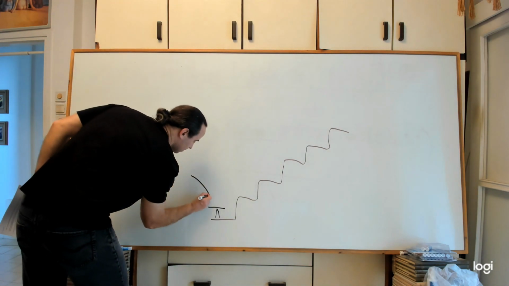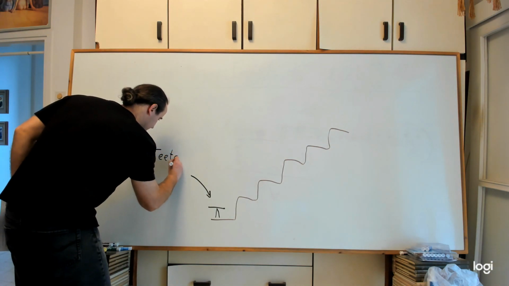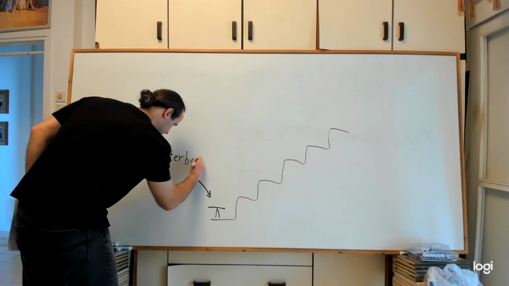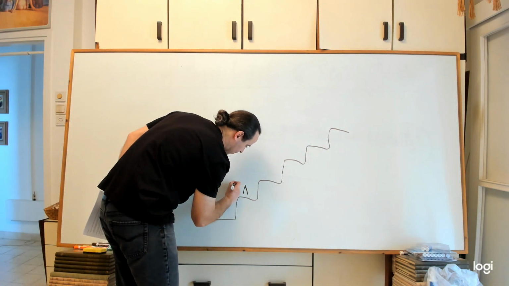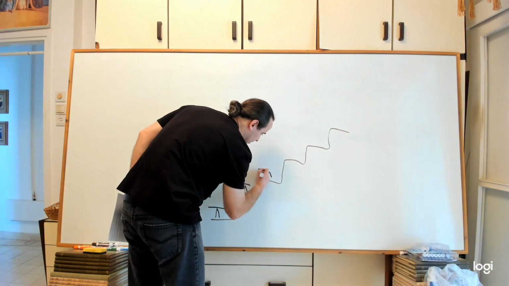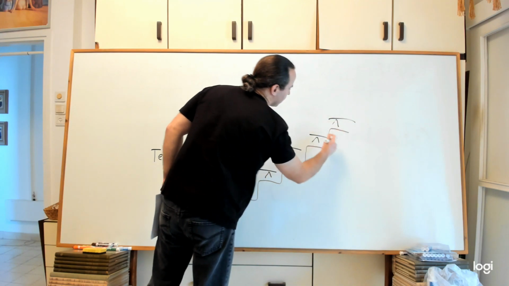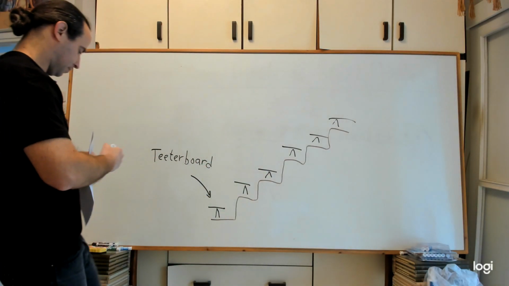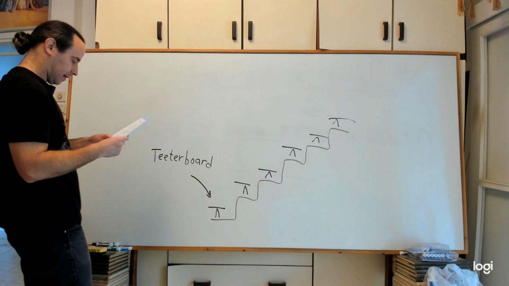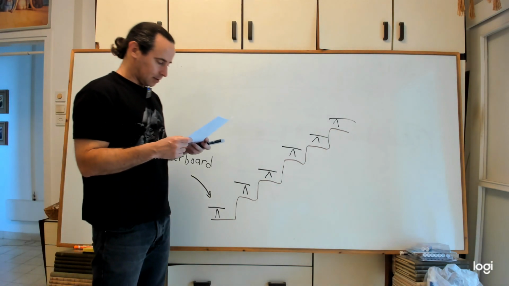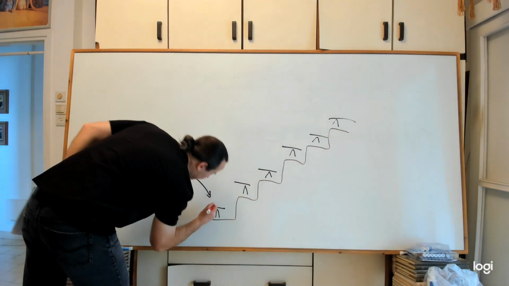Okay, so this is a teeterboard. And this is a teeterboard, and this is a teeterboard, and this is a teeterboard, and we have all the way up. And here we have our apple. Okay, so this is the apple.